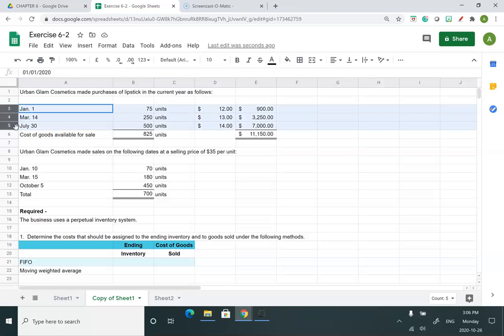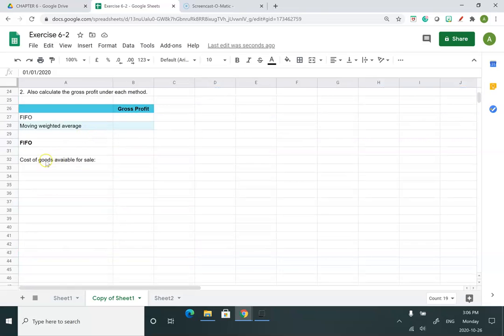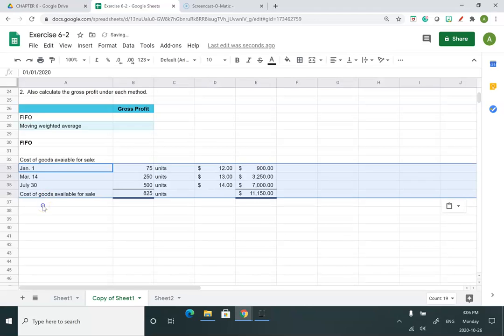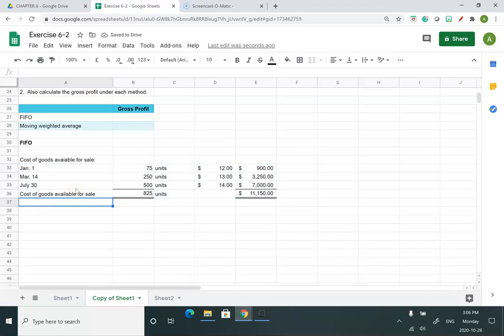I'm just going to copy this down and paste it right here. So we have 825 units, and I'll bold that, and 11,150 for the total cost in my inventory. This is before we make our sales. I'll turn this line to one line instead of a double underline. So that's your first step.